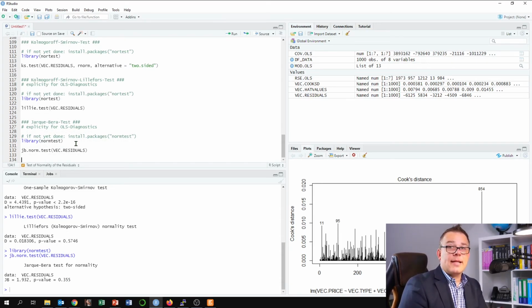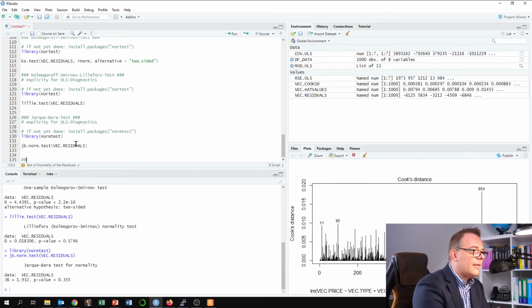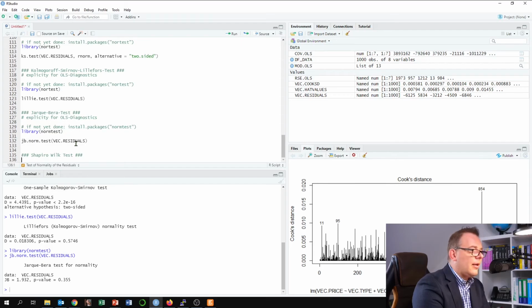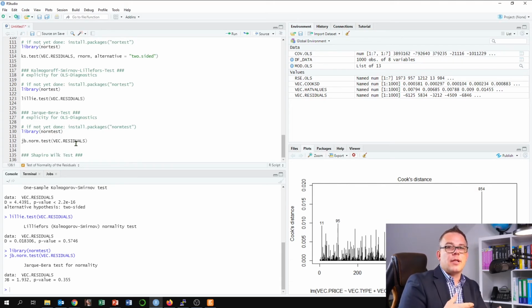So, the next test I would like to show is the Shapiro-Wilk test. The Shapiro-Wilk test is a test in the stats package, and the stats package is always installed. It comes with R base, so we don't have to install any package here.